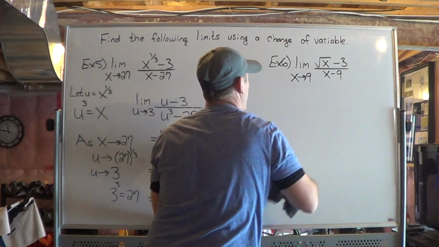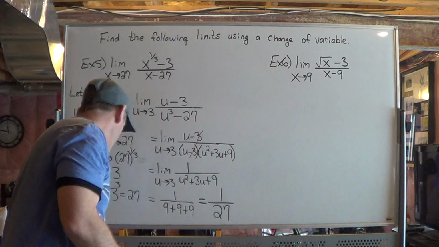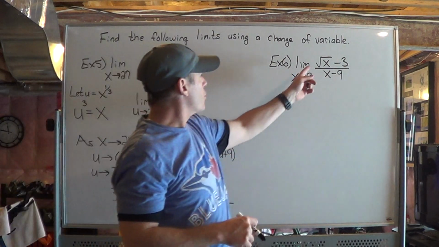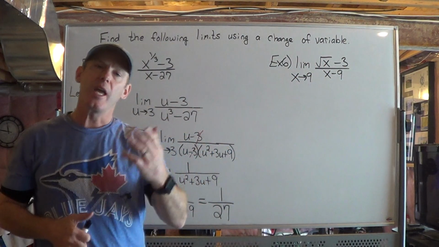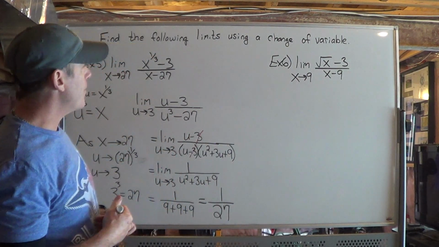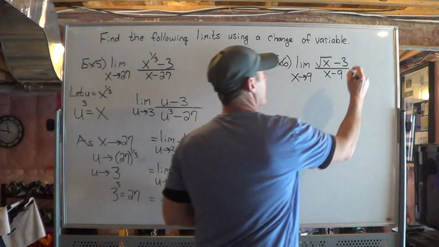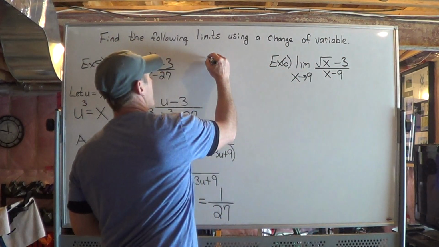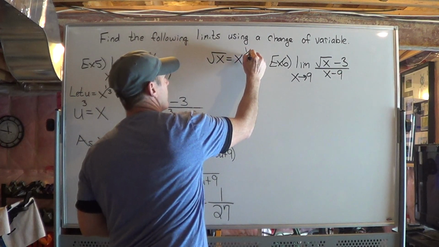Now we have find the limit as x approaches 9 of the square root of x minus 3 divided by x minus 9. So again, our denominator is 0. That's a problem. But here's something we are going to use a ton in this course, is the fact that the square root of x can actually be written as x to the 1/2.